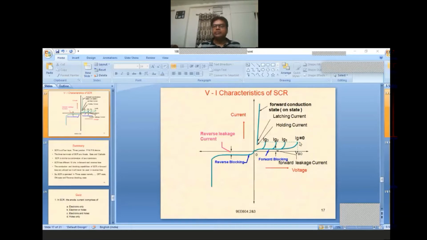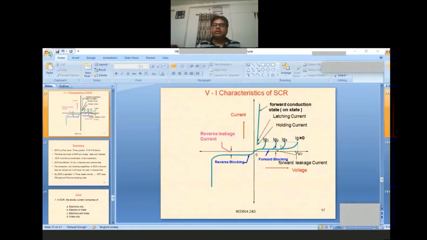And next comes after breakover voltage, when the SCR conducts and enters into smooth conduction, it is called forward conduction state or on state. This is the second state. So in the forward biased conditions, we will be operating the SCR in two modes, that is off state and on state.